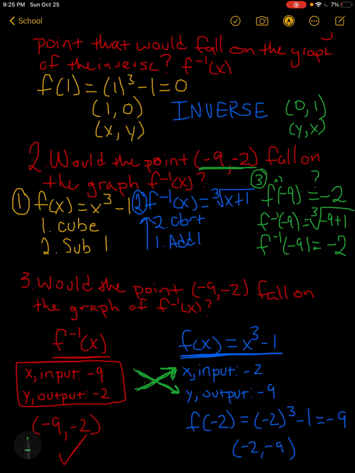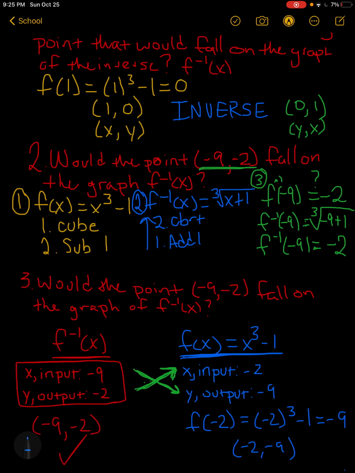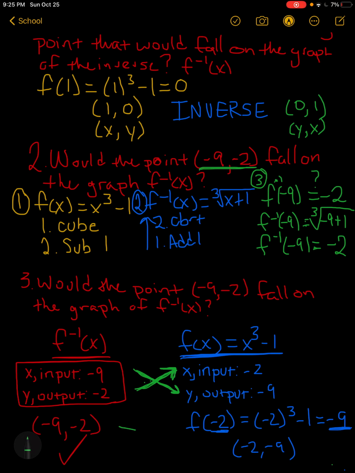If negative 2 is going to be my input for my original, then my output for my original should be negative 9. Notice when I substitute negative 2 into my function, I end up with negative 9. So I do end up here with inverse points. So (-9, -2) does fall on the graph of f inverse of x.